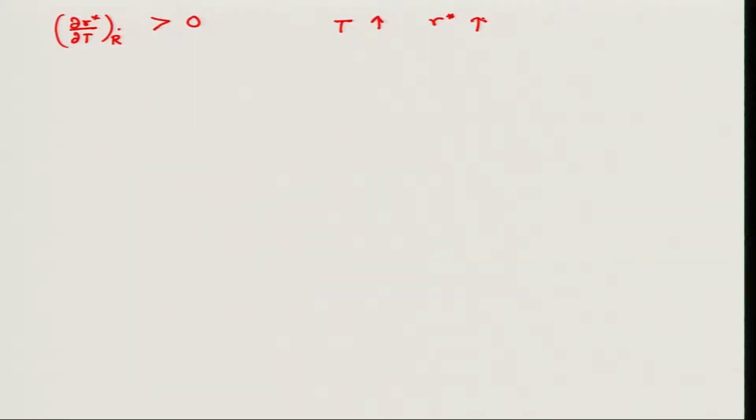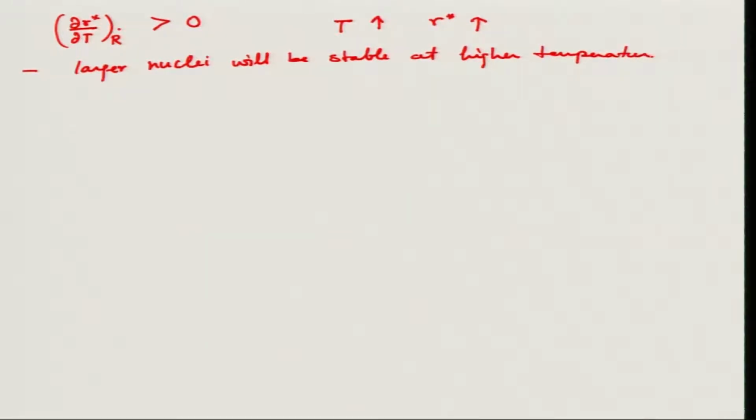Okay. So, for stable nuclei we will need larger critical radius. And let me write this in words here: larger nuclei will be stable at higher temperature. So, what would happen to the smaller nuclei? They will go back to vapor phase, okay, at higher temperature if the substrate temperature is higher.